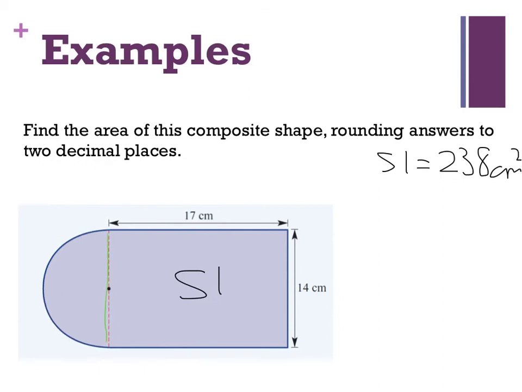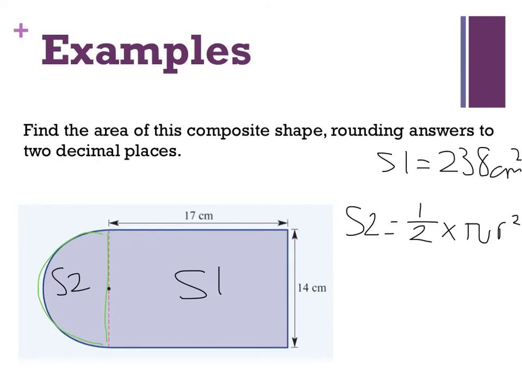In order to work out shape 2, I know I work out the area of a circle with the formula pi r squared. In this case it's a semicircle, so shape 2 is half times pi r squared.